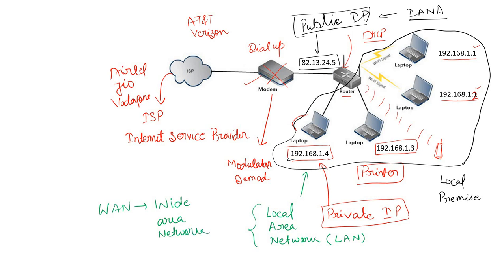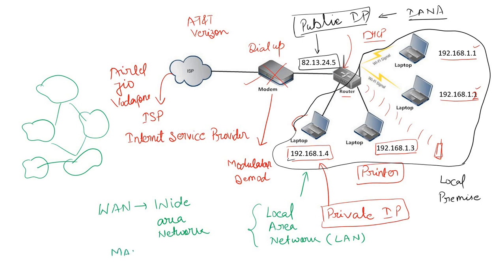A wide area network is a combination of multiple LANs, right? There will be multiple LANs, so obviously they need to be connected. They form connections to each other, and they form a WAN. There is also a terminology MAN, a metropolitan area network, but that is not used much in this scenario.